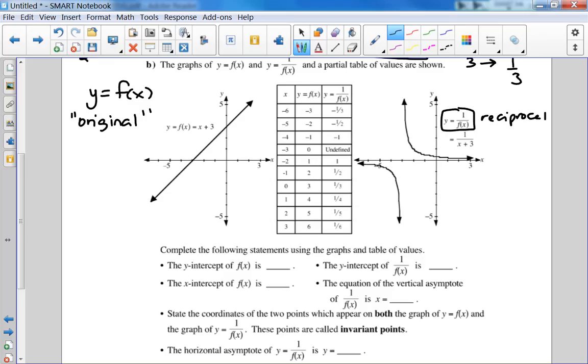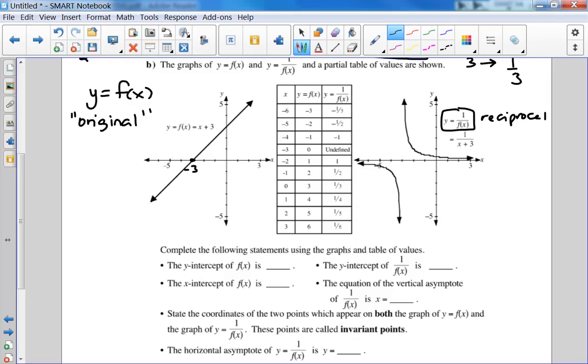Observations. So where is the original negative? Is it the same as the new? Where is the original graph negative, starting at which x value? -3 and to which direction?